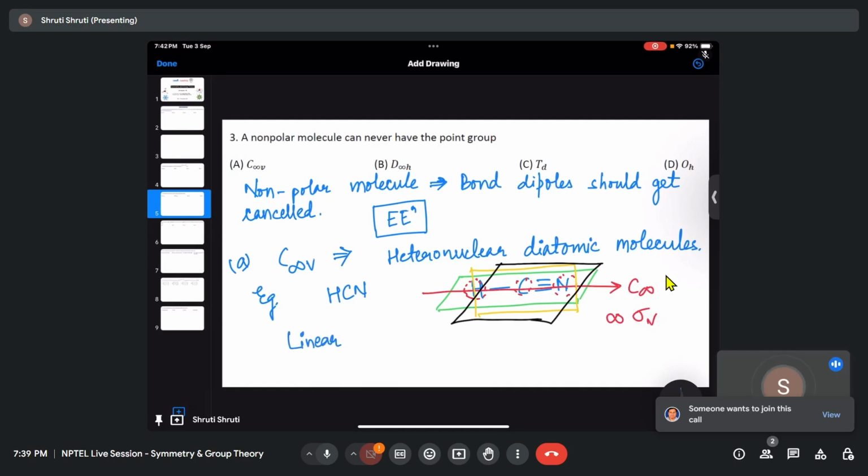So C infinity V is for linear unsymmetrical molecules: CO, HF, CN minus, NO plus, like that.